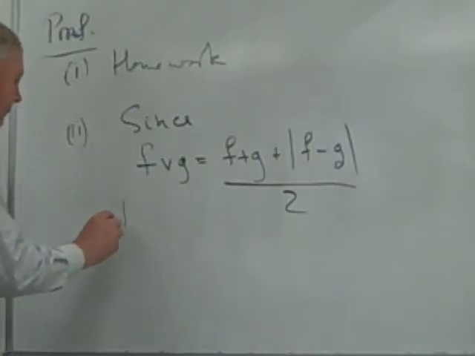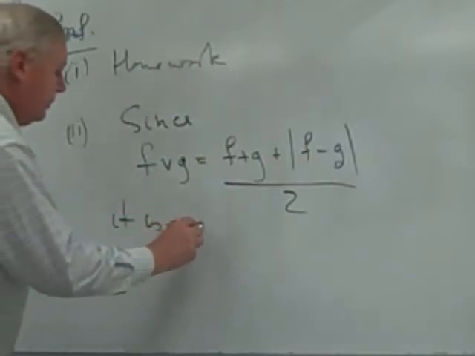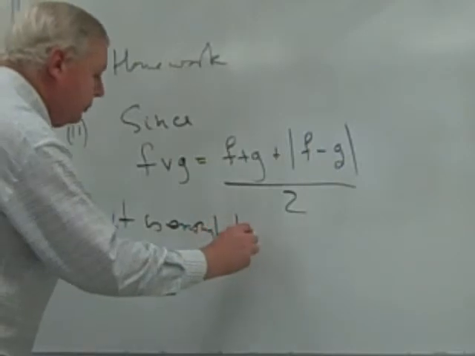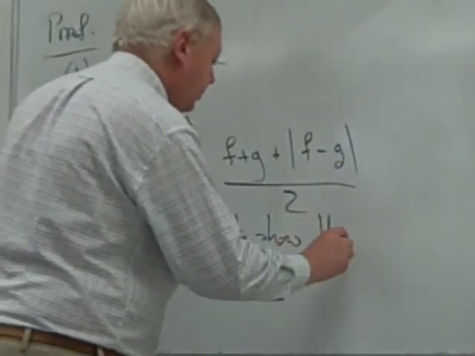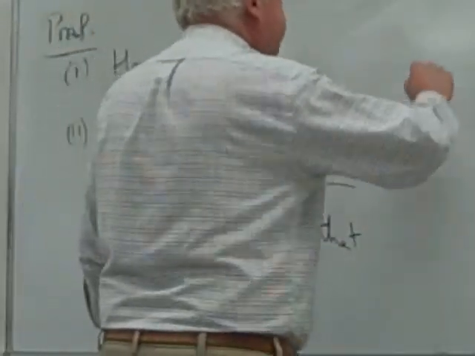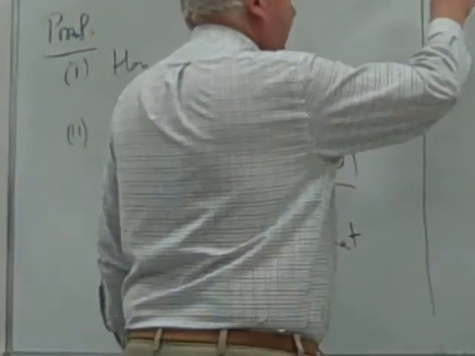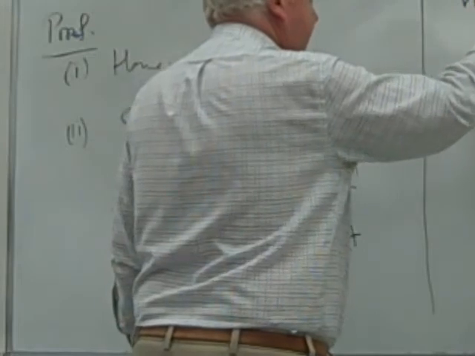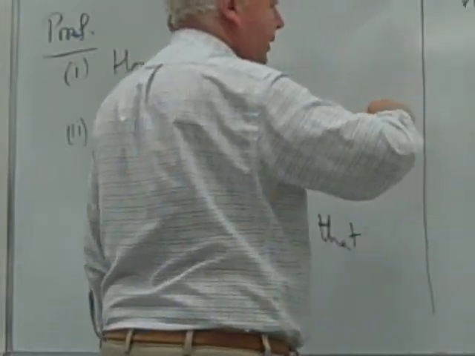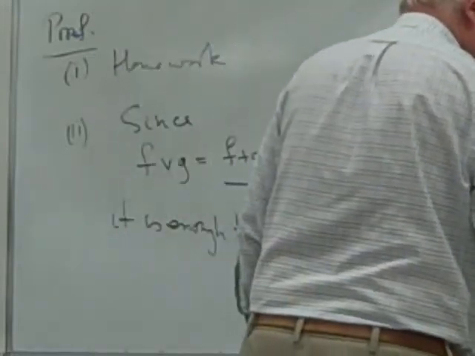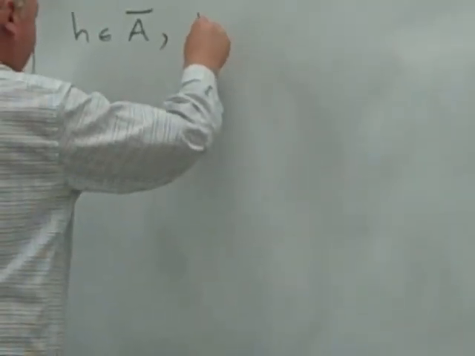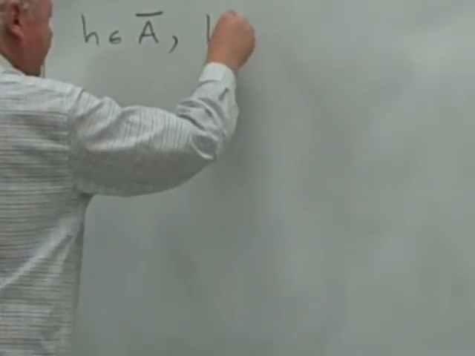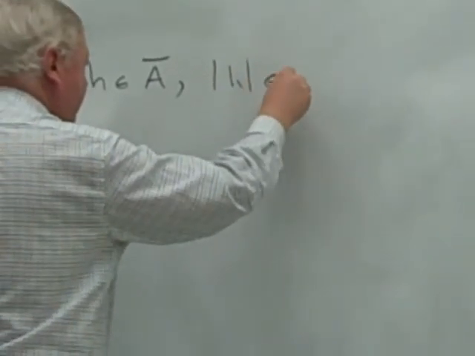So it is enough to show that for a function h in the closure of A, the absolute value of h is in the closure of A.